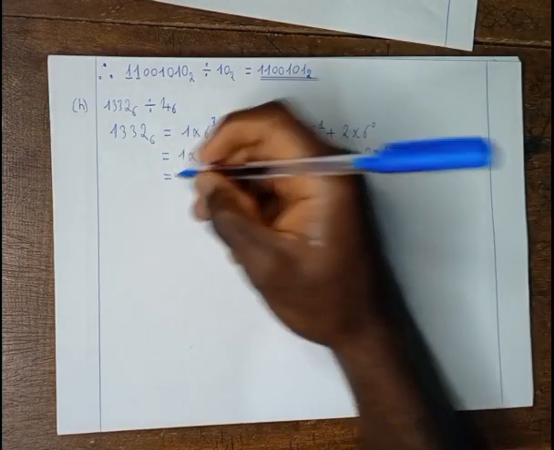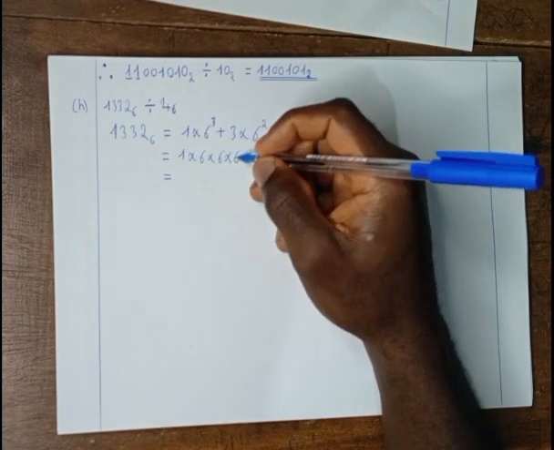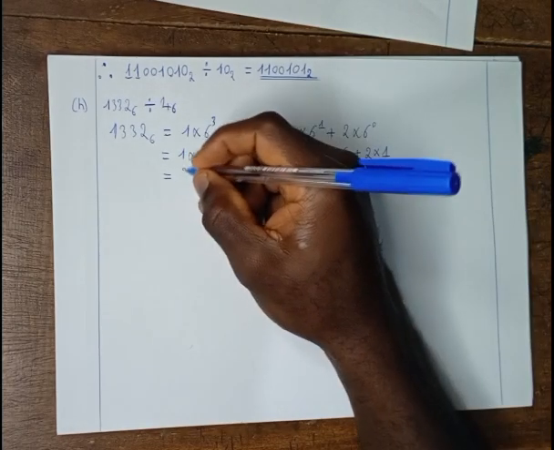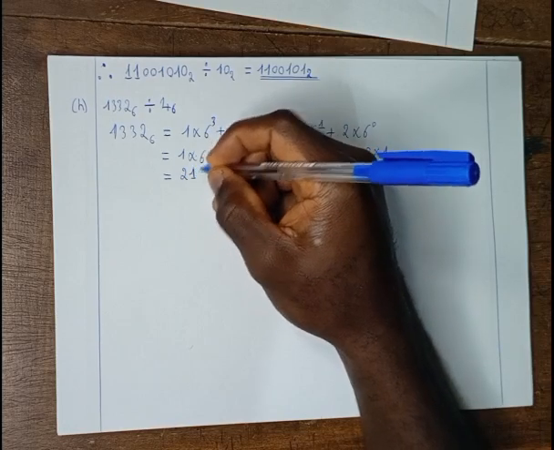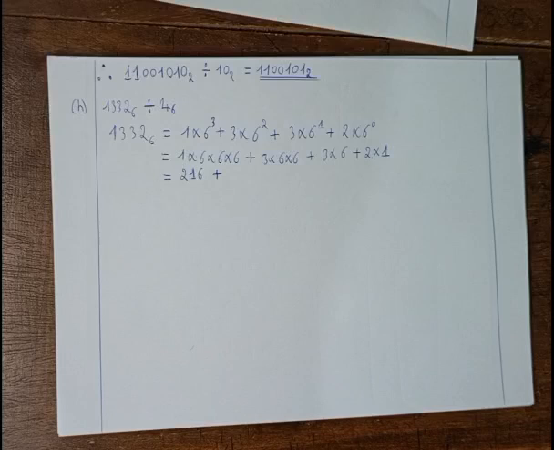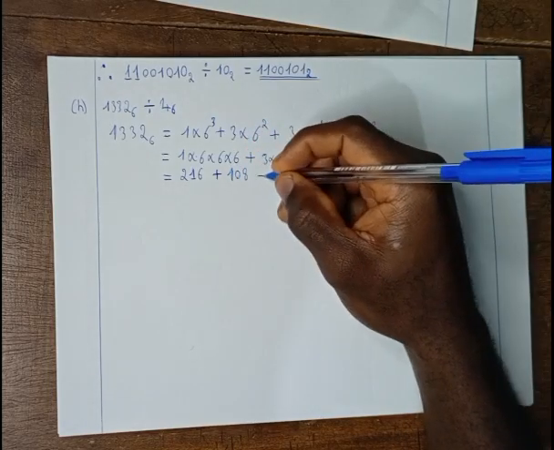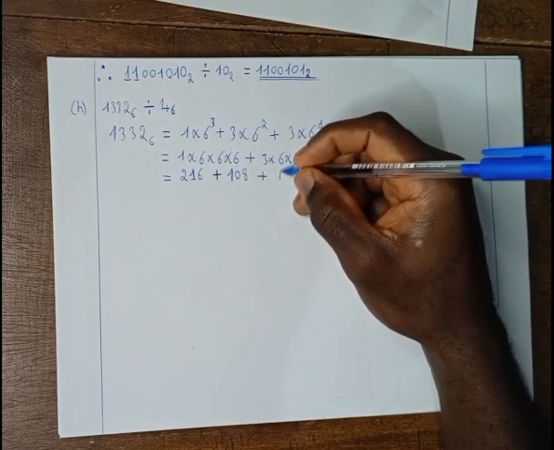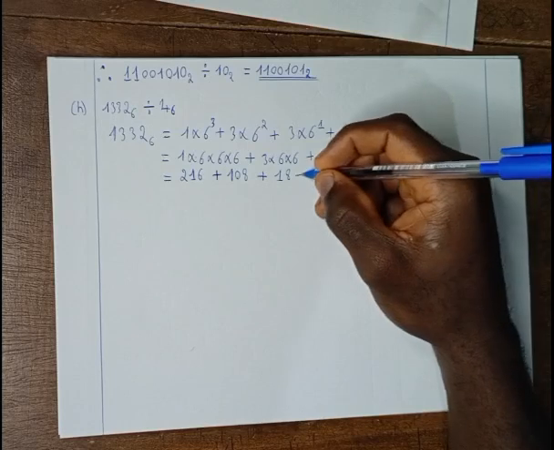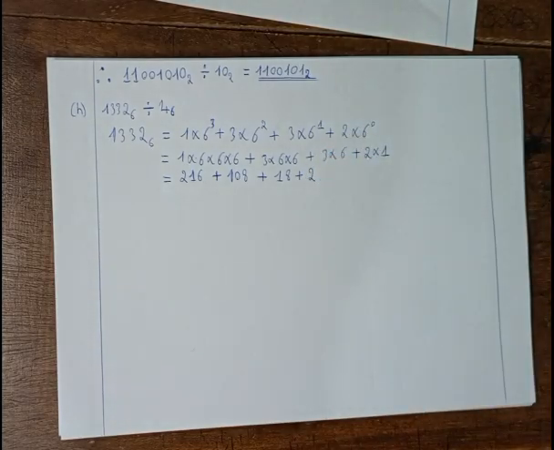Now if you take 1 times 6, it remains 6. 6 times 6, it gives us 36. 36 times 6 gives us 216 plus, next we take 3 times 6, it gives us 18. 18 times 6 gives us 108 plus 3 times 6, which is 18, plus 2 times 1 gives us 2.